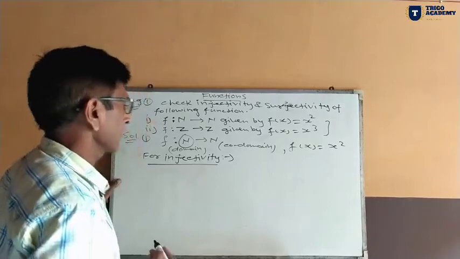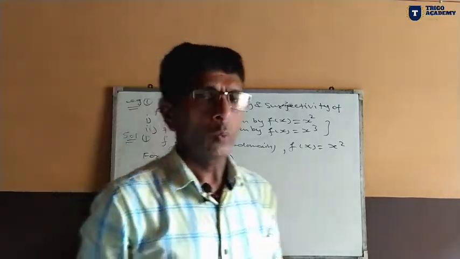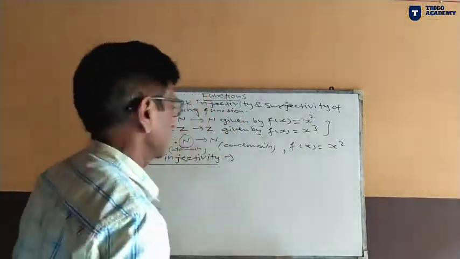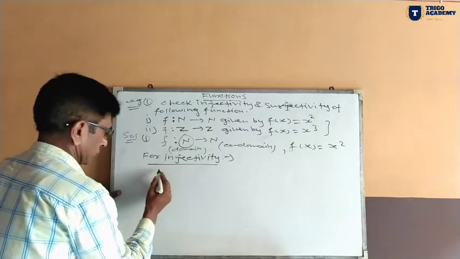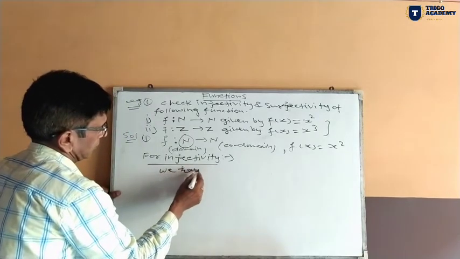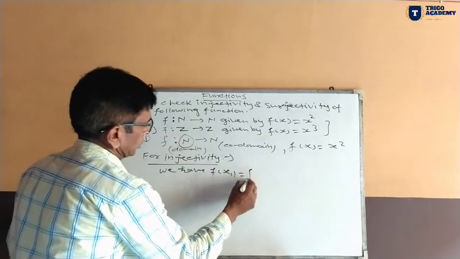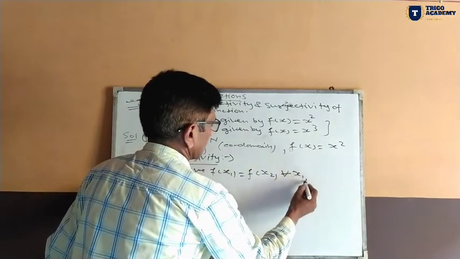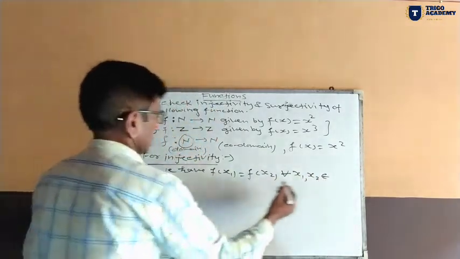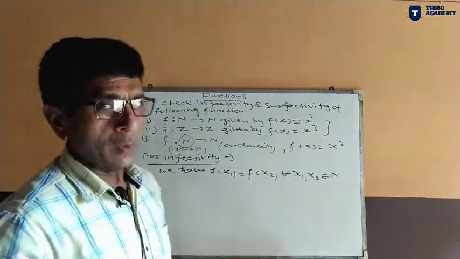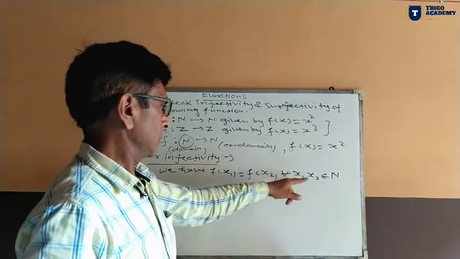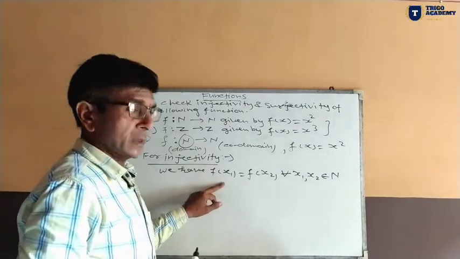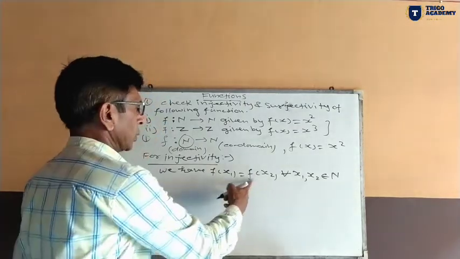in this case we have to show whether distinct elements have distinct images or not. So we take f(x1) equal to f(x2) for all x1, x2 belong to capital N. Here we consider two elements from the domain, x1 and x2, and we consider their images equal.